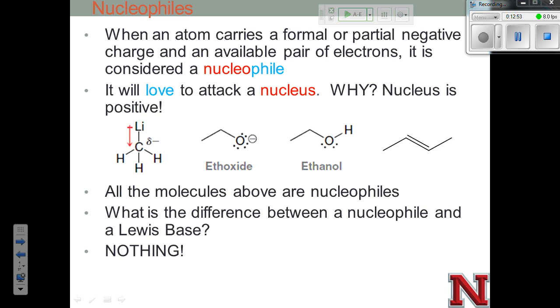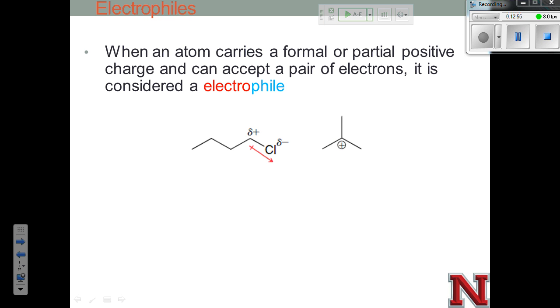Also, if we look at this guy, that oxygen, this whole molecule is an electrophile. But the place where the attack is going to occur is on the carbon. Because we can't attack that hydrogen.